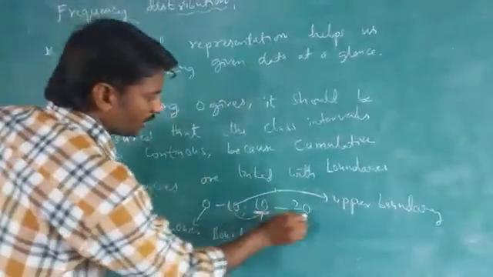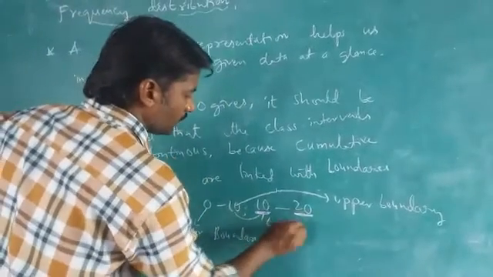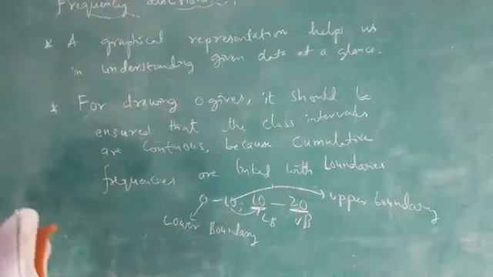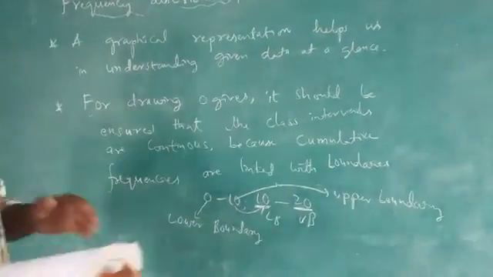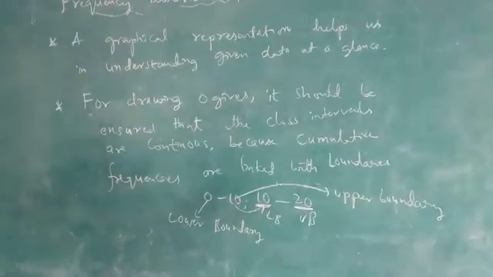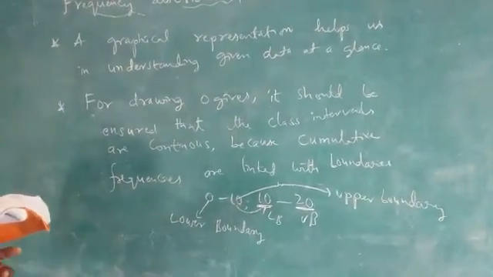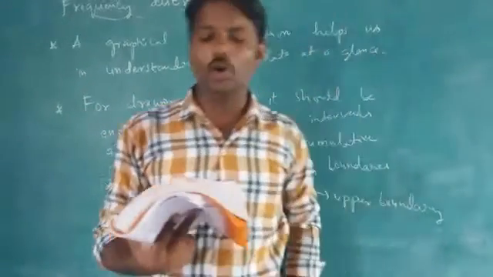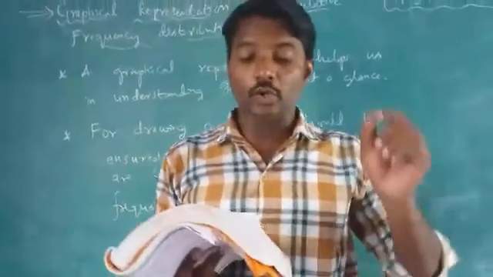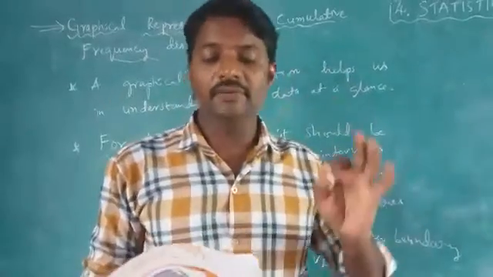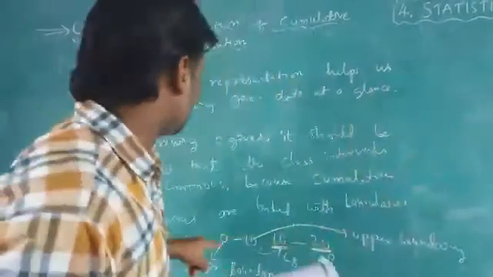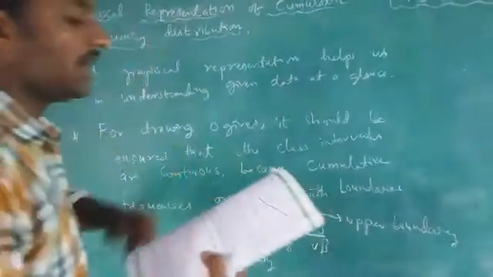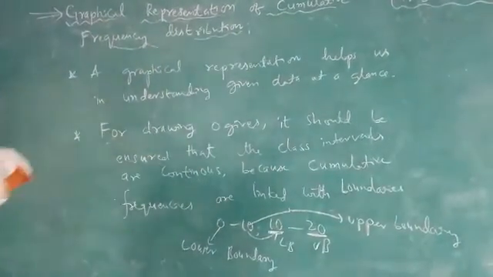Here also lower boundary, upper boundary, LB, UB. Now how to represent the data graphically: we mark the upper boundaries of the class intervals on the horizontal axis. Important point, children: whatever upper boundaries are there, we mark them on the x axis.